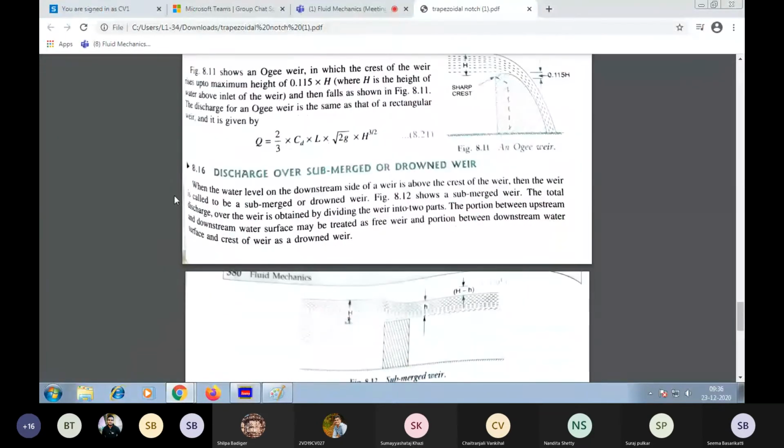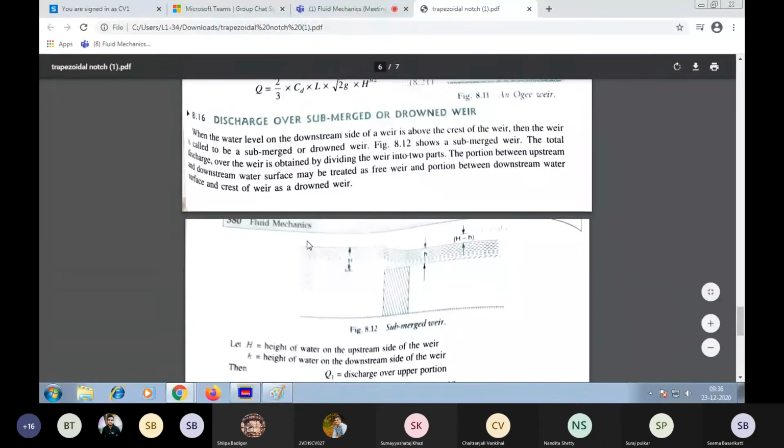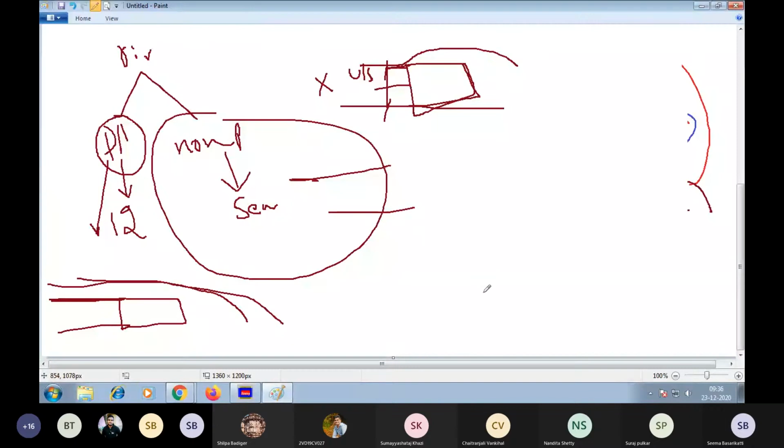When the water level on the downstream side of the weir is above the crest of the weir, then the weir is called a submerged or drowned weir. So which portion do we call the crest? This is nothing but the crest.